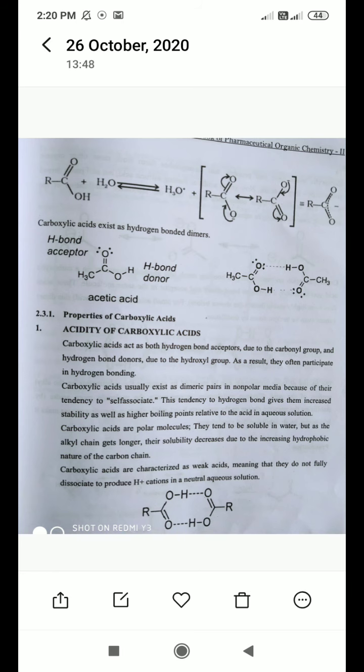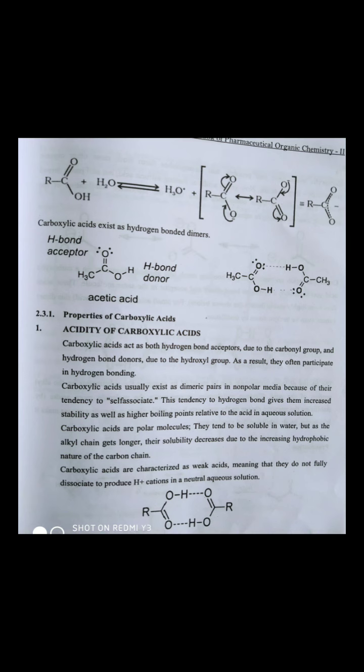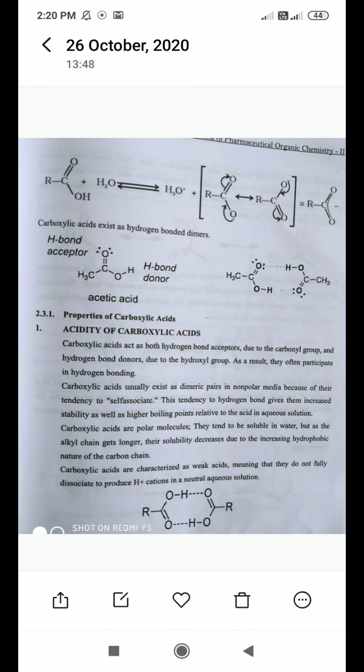Because the acid has the ability to accept hydrogen, acting as a hydrogen acceptor, and it also acts as a hydrogen donor. How does it act as a hydrogen acceptor and donor? Just look at the structure. In the structure, what is the functional group for this acid?